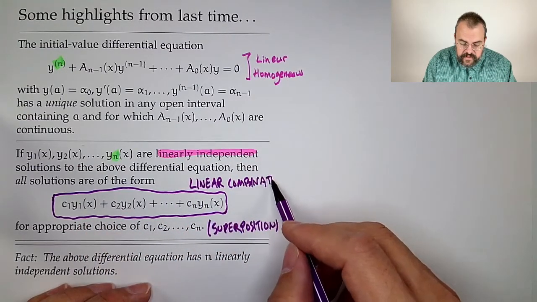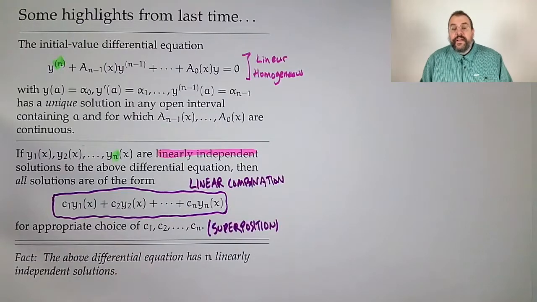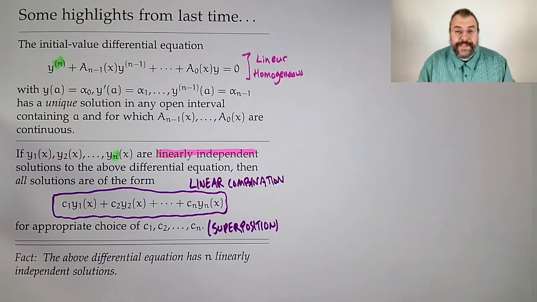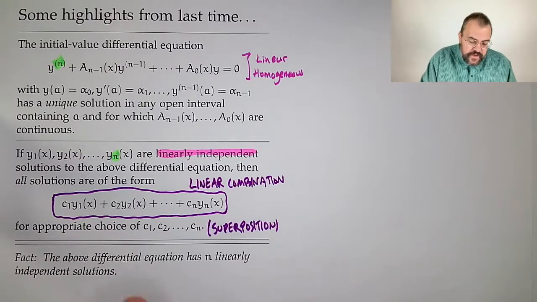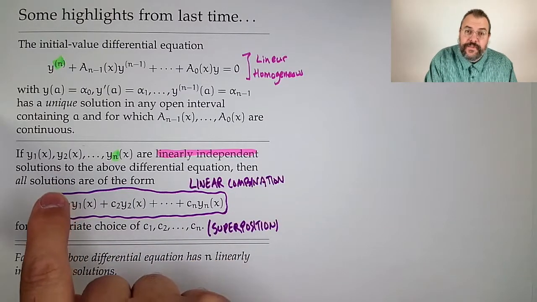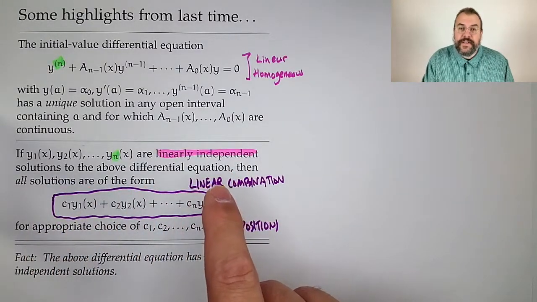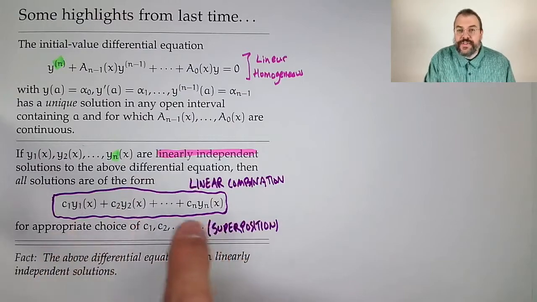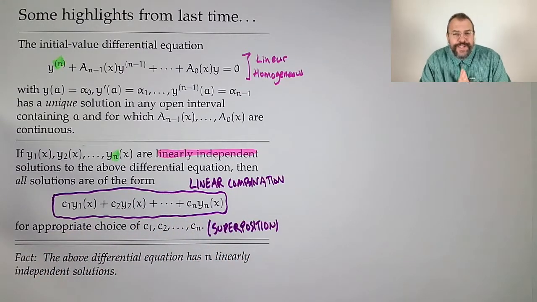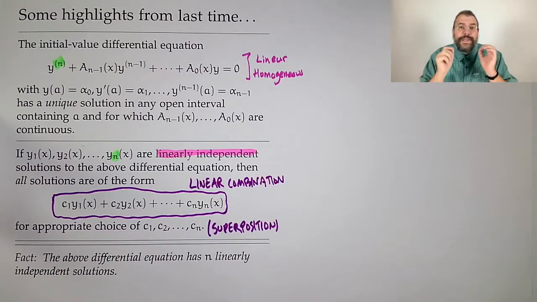So that's a nice linear combination. Now, one thing we didn't talk about last time, but it's important to say, is a small fact. If we have n solutions which are linearly independent, then yes, all our solutions look like this. But the question comes up, are we guaranteed that we have a full set of linearly independent solutions? Because it's not so obvious.